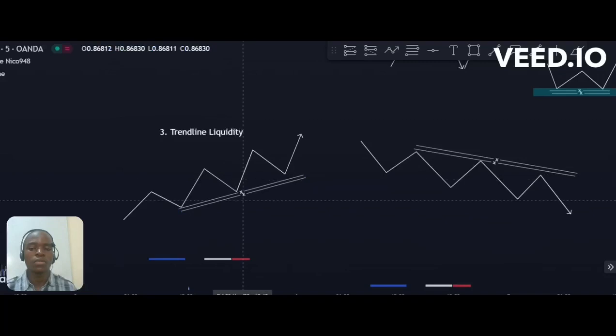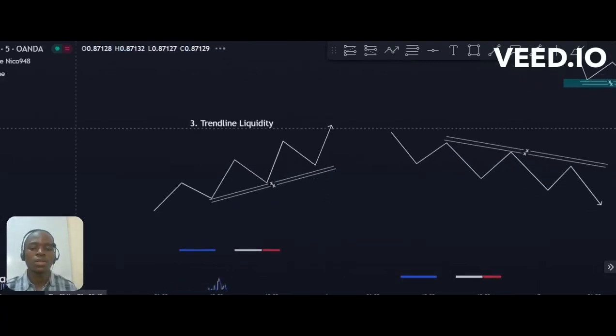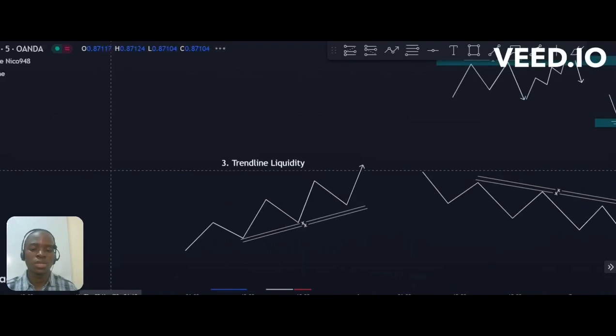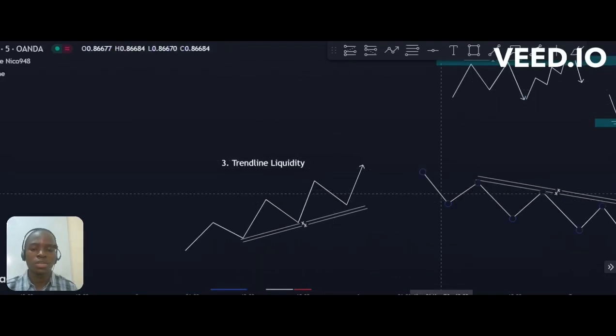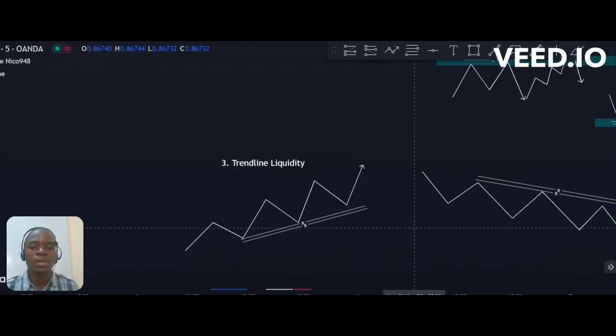But for now, I'll just show you how retail traders, or normal traders, enter using trend lines. They mark out trend lines, maybe along a series of highs and lows. They draw a line, and that's what we call a trend line.